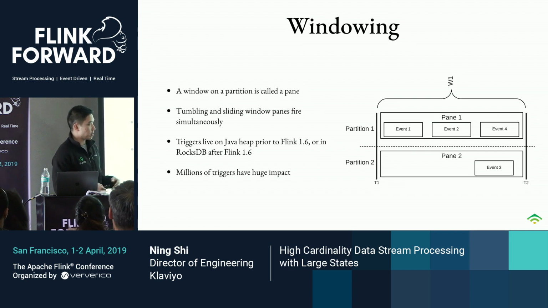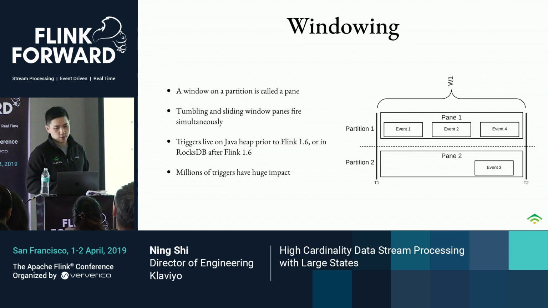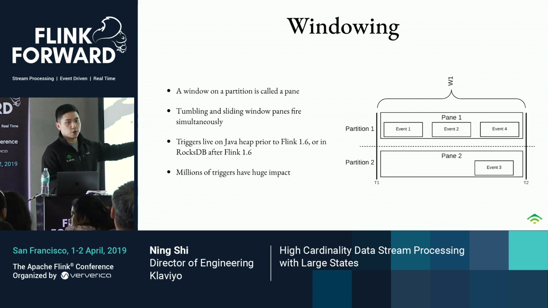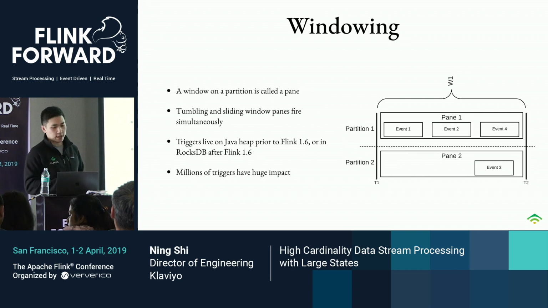Using this example here, as you can see, this is a single window starting from T1 and ending at T2. On partition 1, there are 3 events, event 1, 2, and 4. They all end up in the same pane, called pane 1. And on partition 2, for whatever reason, there's only one event, which is event 3. So pane 2 only has a single event, event 3, in there.